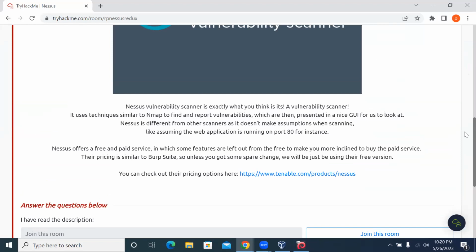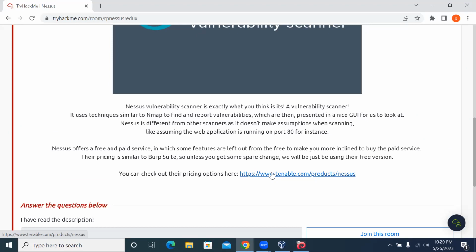It's a tool from tenable.com, right? It's very expensive, but I think there's a free version that you can use for your practice. The only thing is the free version only scans a few IP addresses.